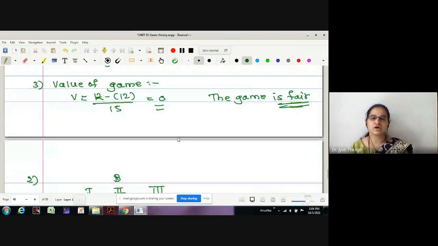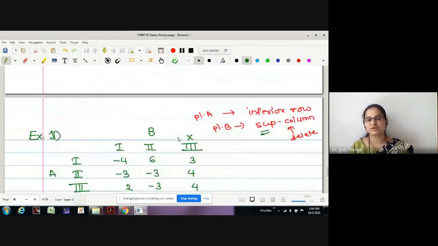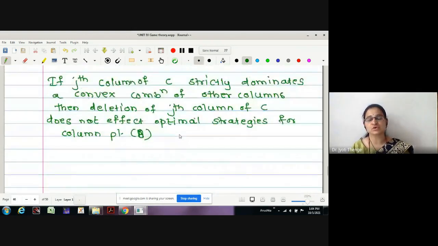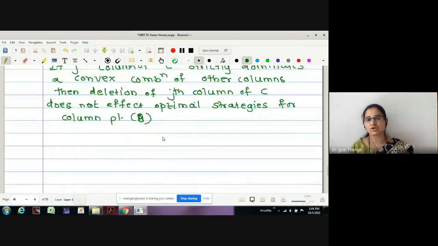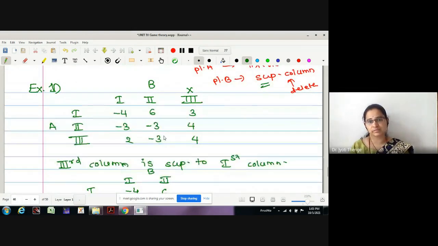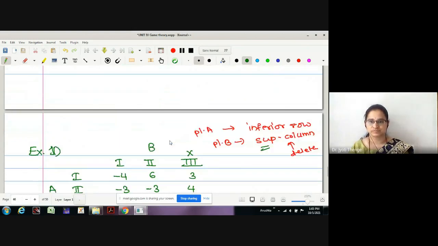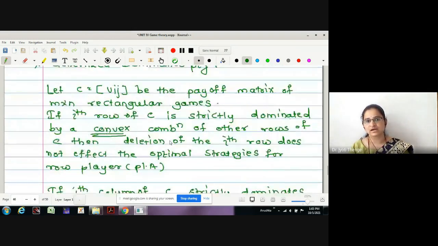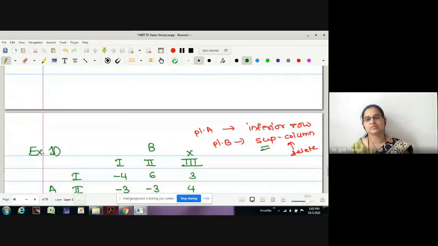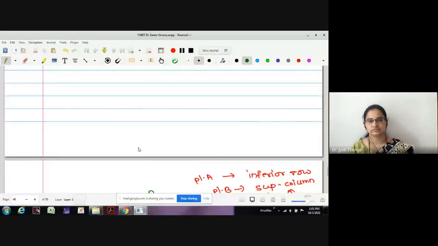Okay, and then anyhow we have to stretch it to a 2 by 2 matrix, and you can solve it by the arithmetic method, or you can solve it by the linear programming problem method as well. Inferior row and superior column, this you have to keep in mind. Delete the inferior row, delete the superior column. Correct, na?